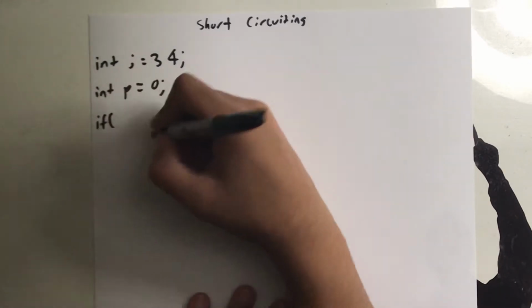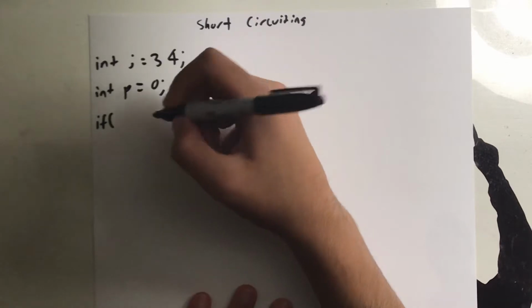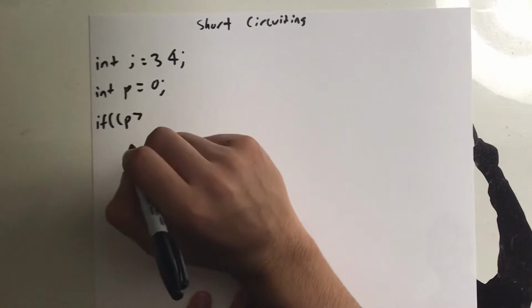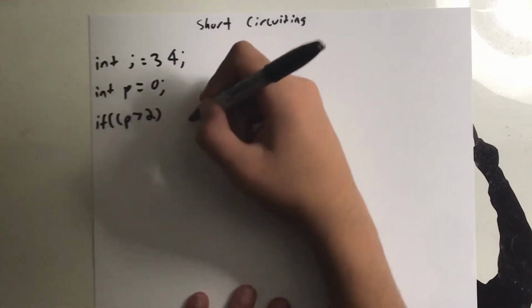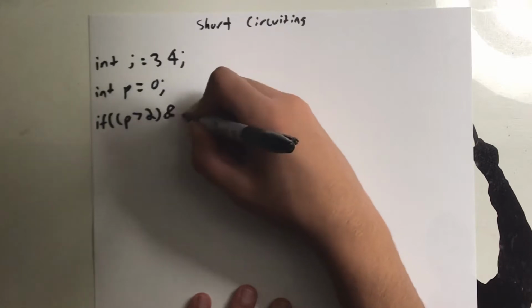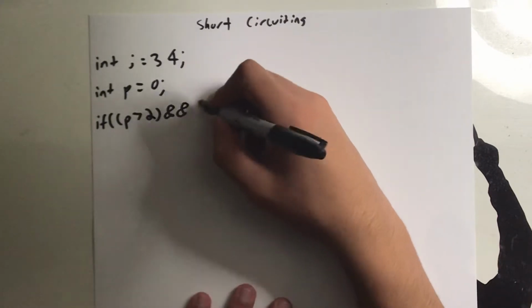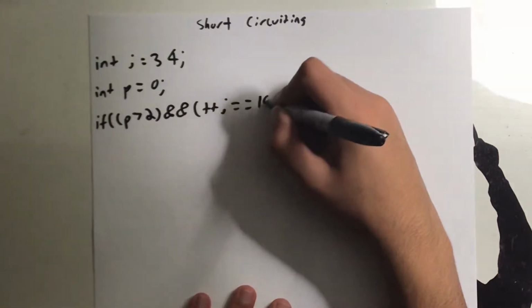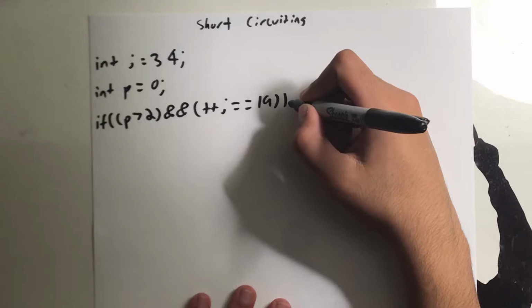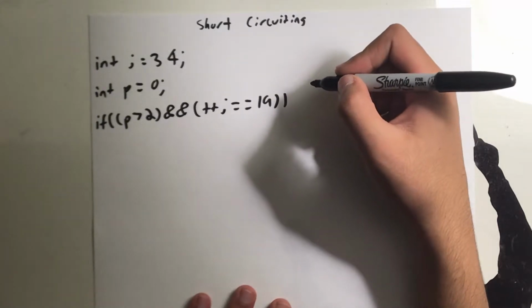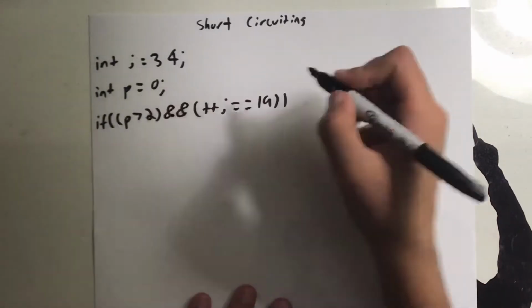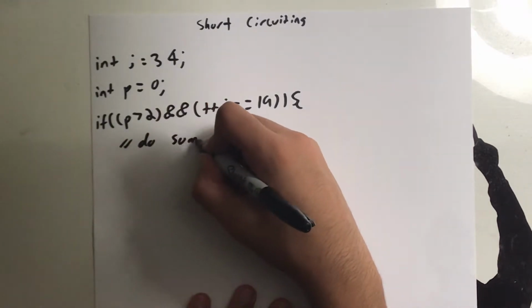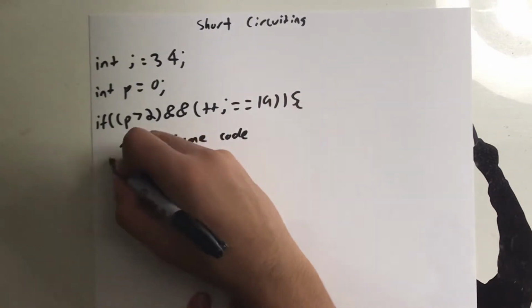If p is greater than 2 and ++j equals 19, then we'll do some code.